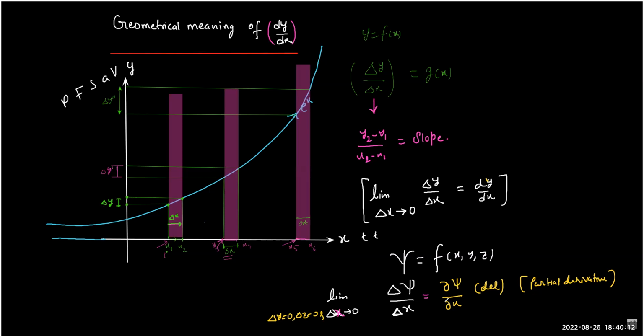Now, what is the benefit mathematically of defining something like partial derivative? As I said, we cannot plot a graph beyond how many dimensions? How many variables can we plot to see visually? Tell me.